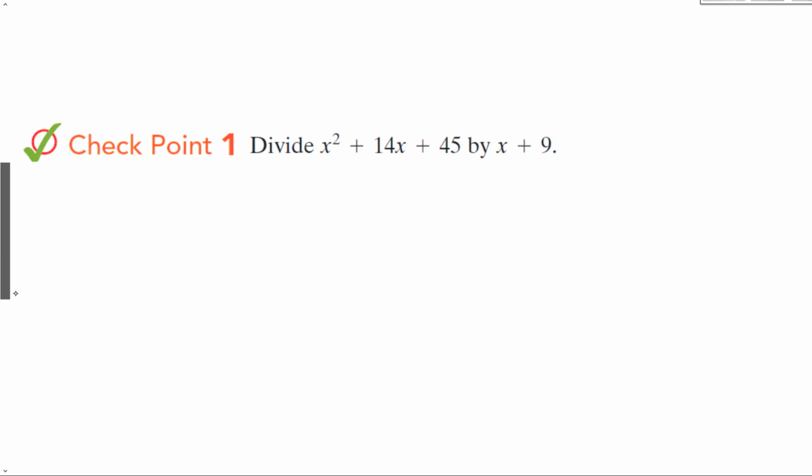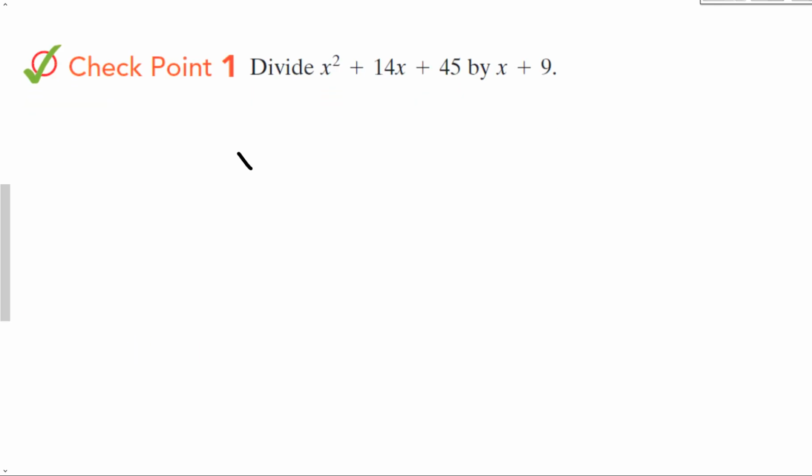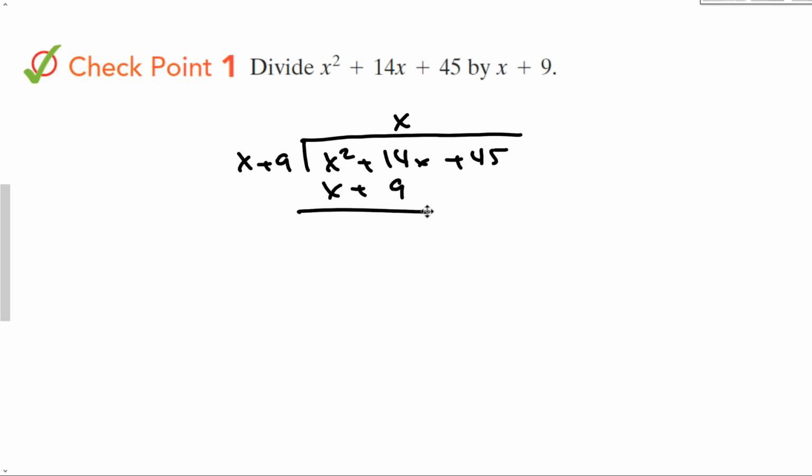Let's try one more. We're going to go x plus 9 into x squared plus 14x plus 45. Divide, multiply, subtract, bring down. So divide. That's x, because x squared divided by x is x. x plus 9, multiply, subtract: x squared, 9x, sorry, subtract, we get 5x.